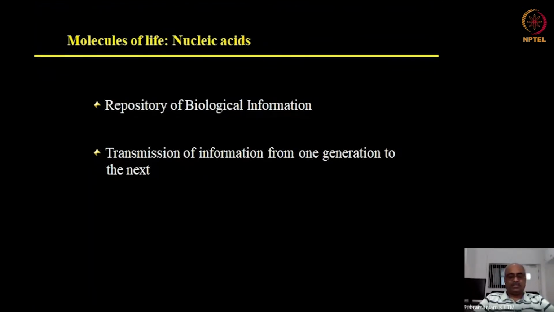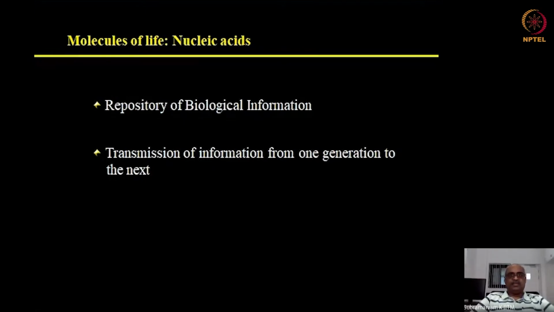So what is biological information? It is the information required to make a particular biological function. For example, if you take human beings, only human beings give rise to human beings, and human beings cannot produce other organisms, and other organisms cannot produce anything other than their own kind.